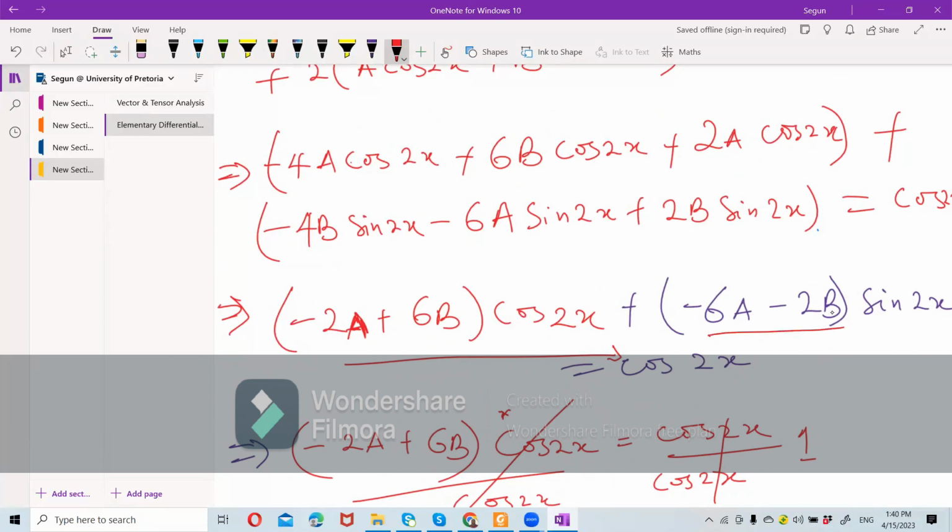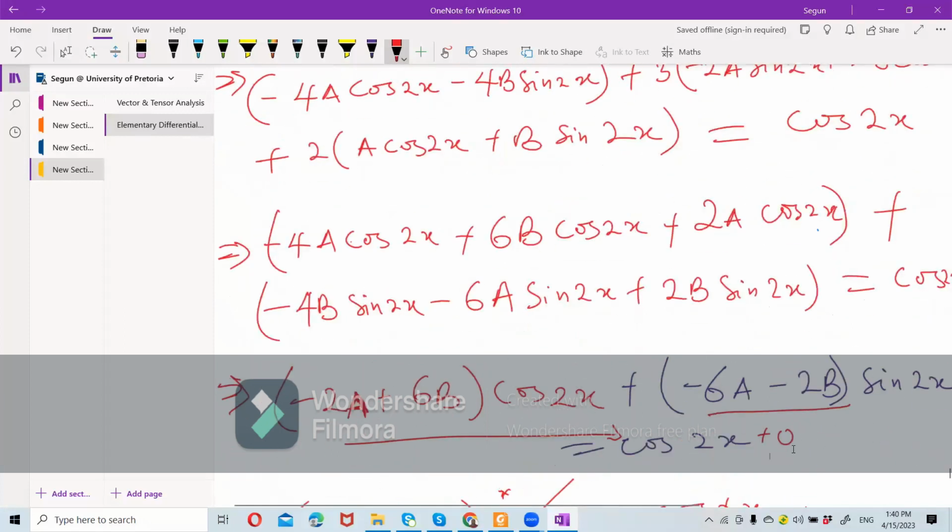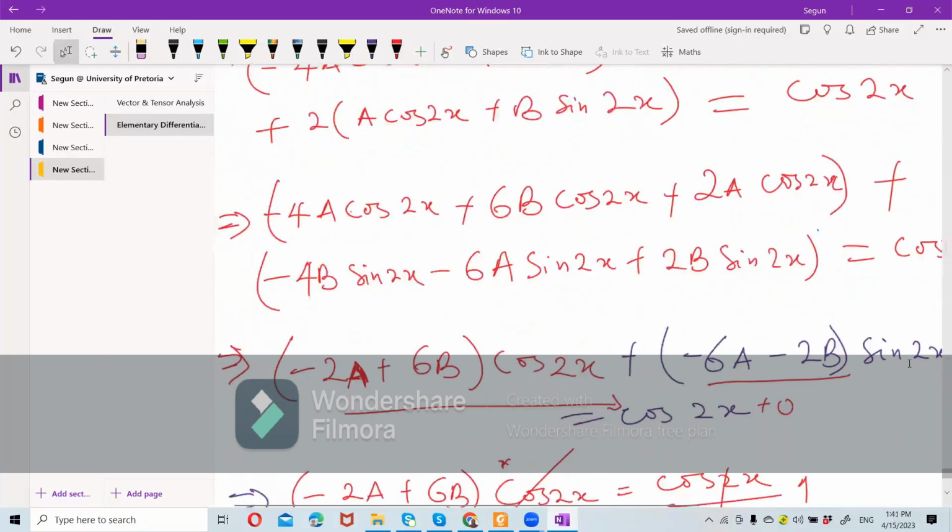The same thing, we'll pick this one and compare it with plus this, because this is plus 0. So the same thing we put there, because this is empty, 0. And it's the same thing because this is sine 2x. We don't have sine 2x here now.